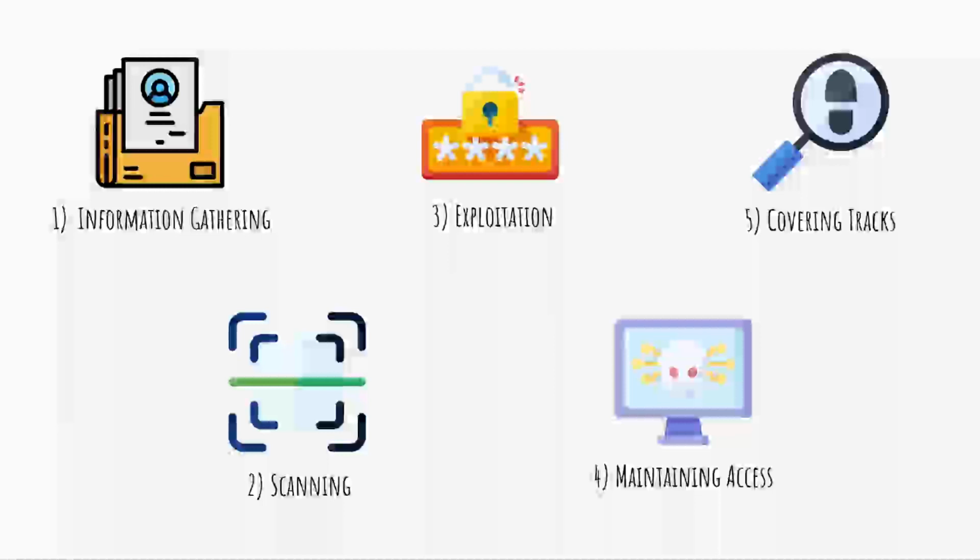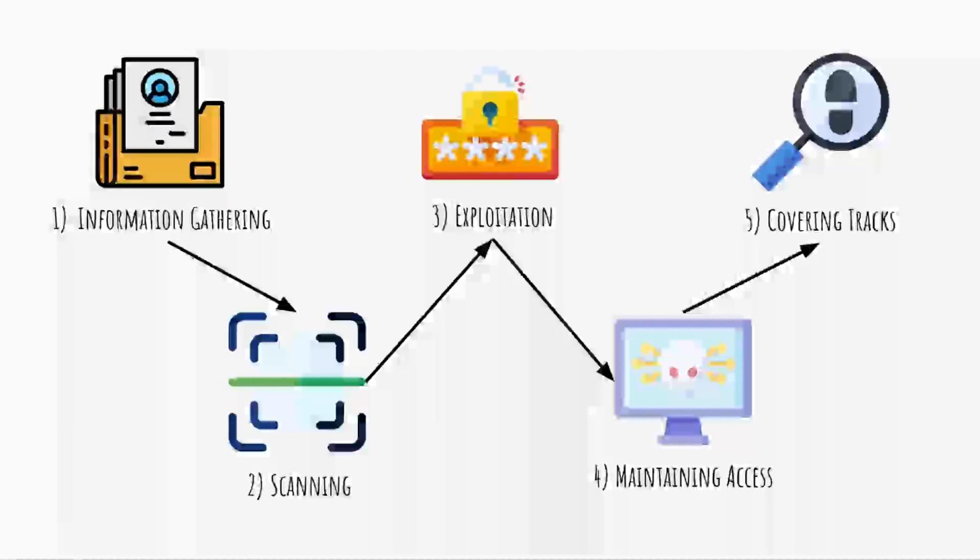Keep in mind that these steps should be performed in order. One more important thing: in case you're a beginner, you might think that the third step, exploitation or gaining access, is the most important step of the process. Even though it is very important and crucial, the most important steps are actually information gathering and scanning.